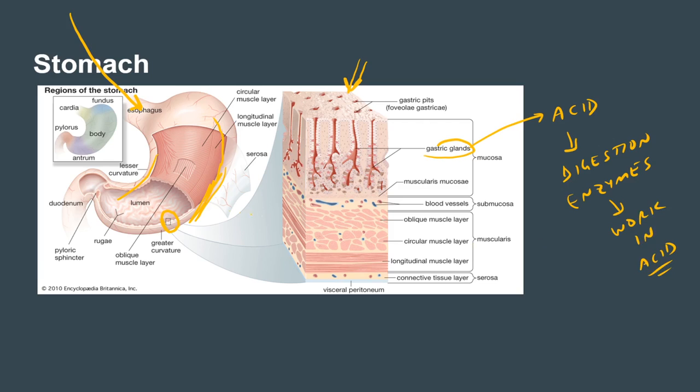So your stomach gives them an environment to be able to work. And I think the pH is also about if you're breathing in or swallowing bad bacteria or viruses that get into your mouth, the acid is also about killing microorganisms.